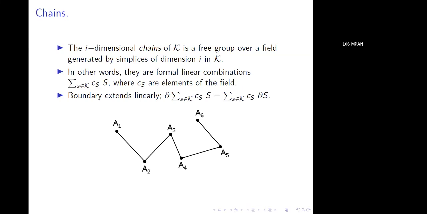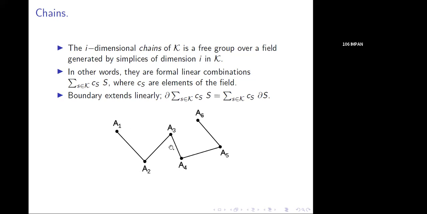And now we need two or three more steps to define homology properly. So a chain of dimension i is just a free group generated by simplices of dimension i in my complex. Equivalently, we may say that it's a formal sum of simplices with certain coefficients.